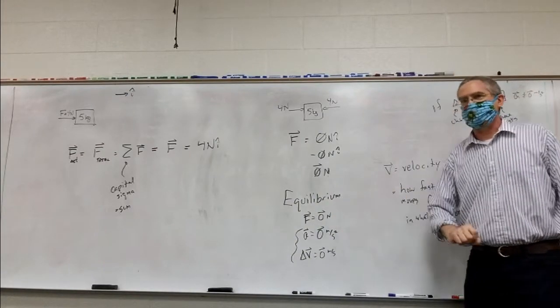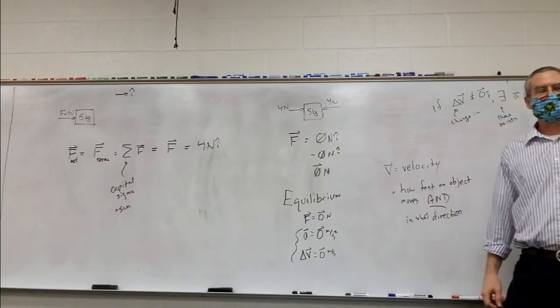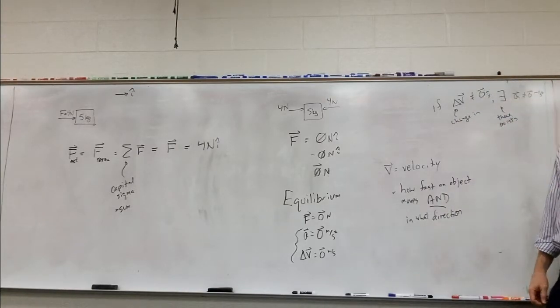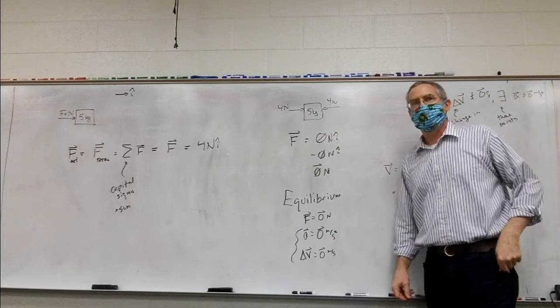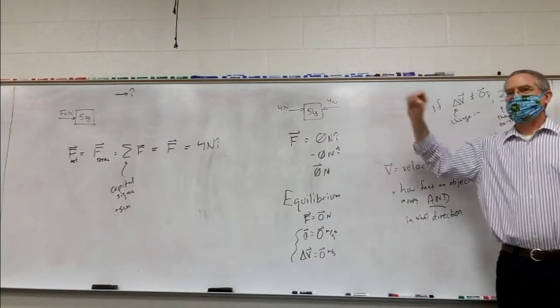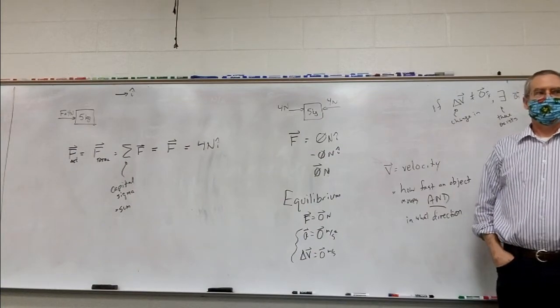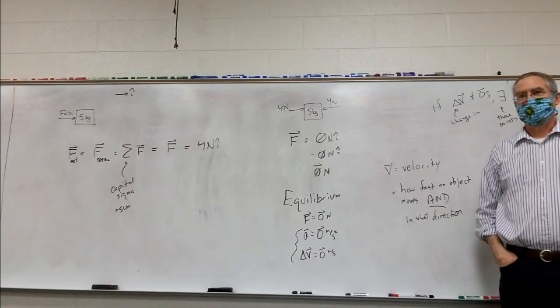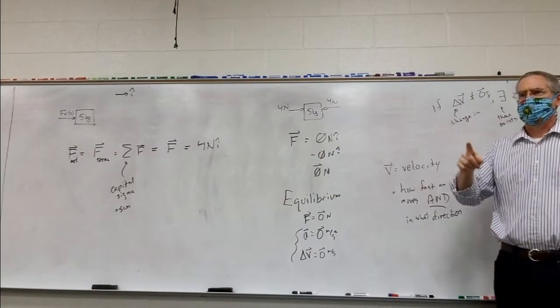So if the total force is 0, there's no acceleration, which means speed does not change, direction does not change. So this object right here, total force is 0. So what is the acceleration? All right. How fast is it going? So you said staying still?